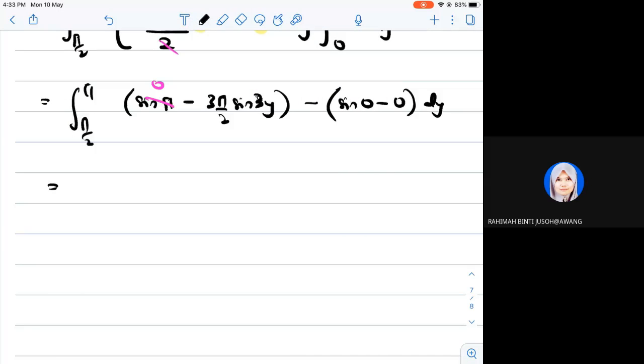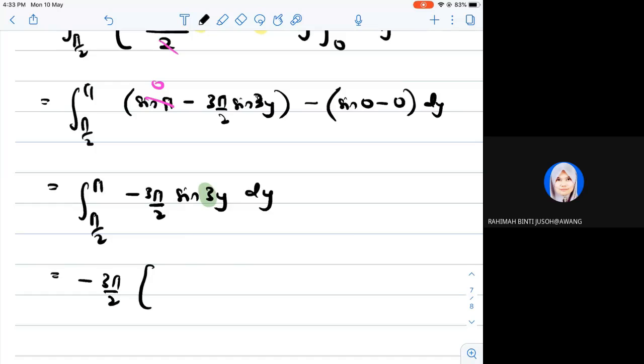So we will have from pi over 2 until pi, negative 3 pi over 2 sine 3y. Sine 0, 0. Dy. So of course this 3 should be taken down. So we will get the integration, negative 3 pi over 2 stays outside because it is just a constant.